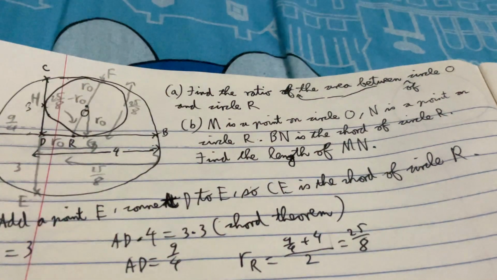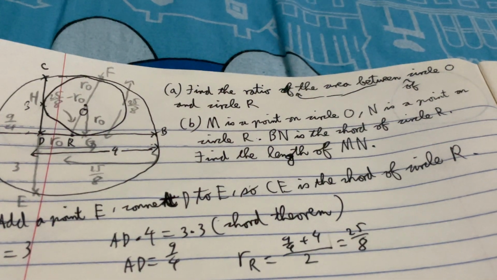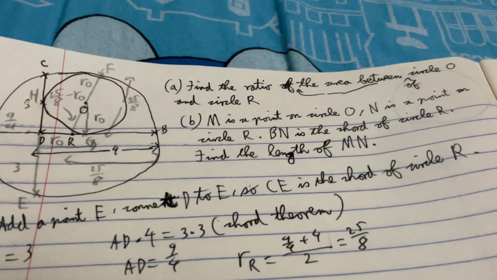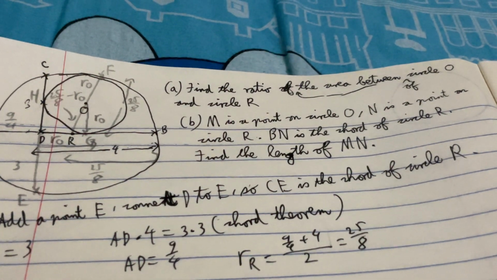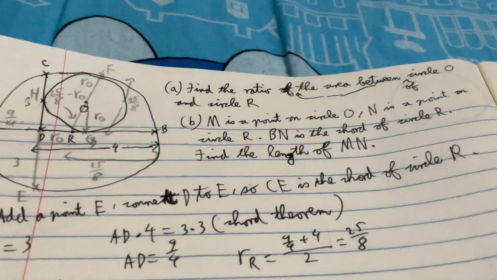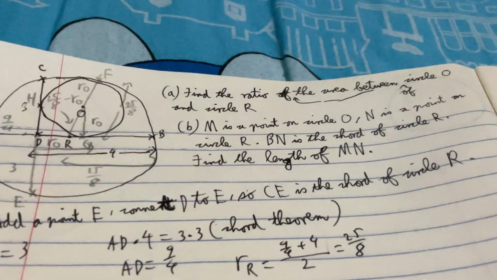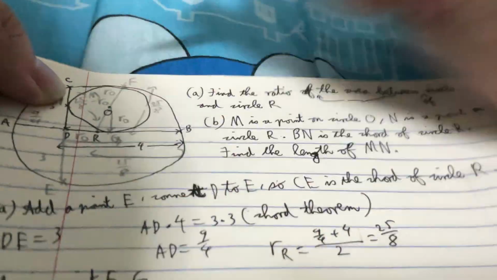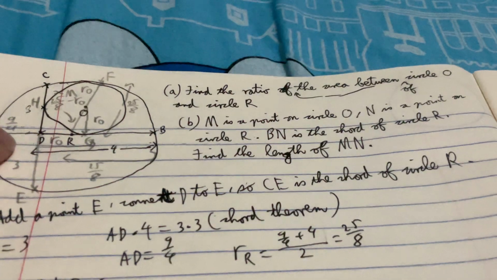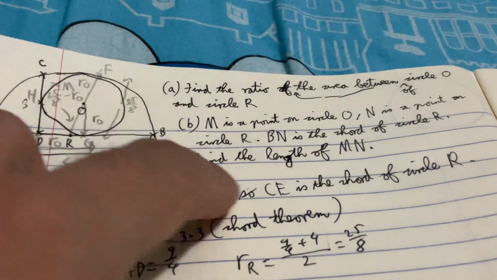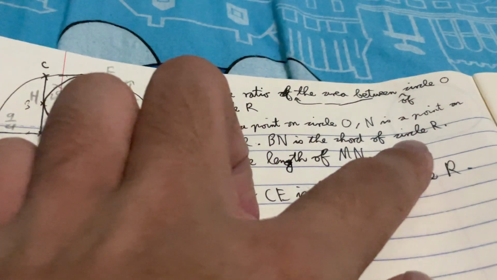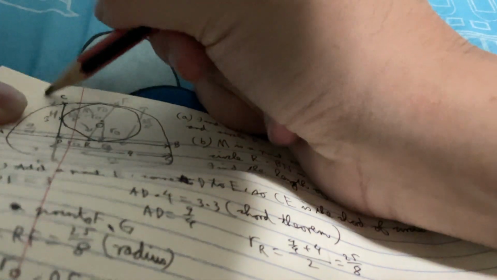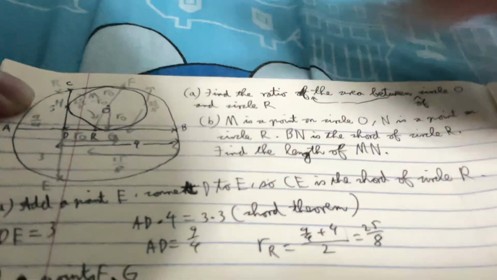This question is kind of confusing. Maybe I should fix this. If you know how to fix this question, you can tell me how. I think this is kind of wrong. It means M is a point on circle O. I'm going to name it M, and then BN is a chord of this, and N is a point on circle R. This is kind of ugly.